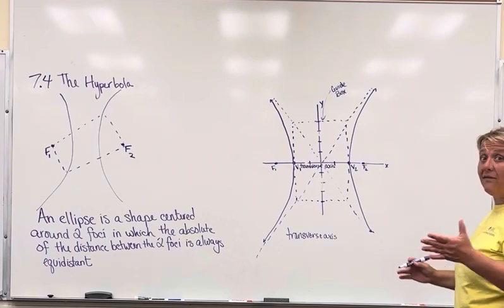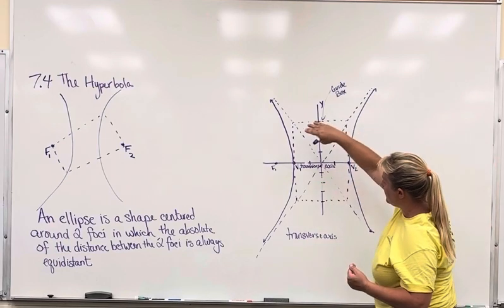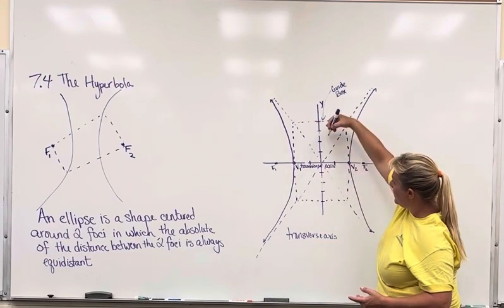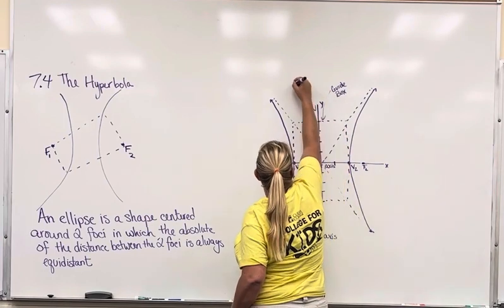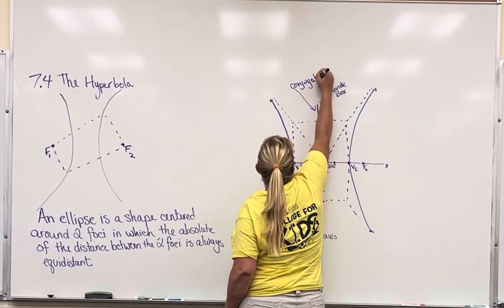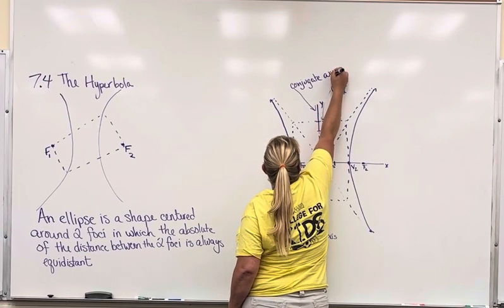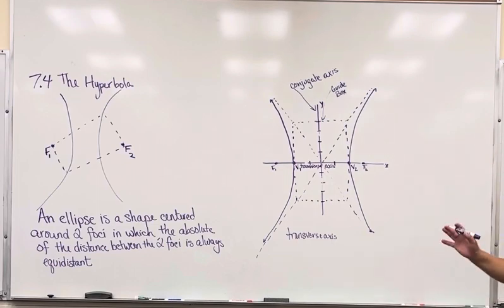But we actually have another axis as well. We have this guy, because look at our guide box here. So this guy is called the conjugate axis. Now, I don't want you to get into the habit of thinking that the conjugate axis is always just going to be the vertical one and that the transverse is the horizontal.